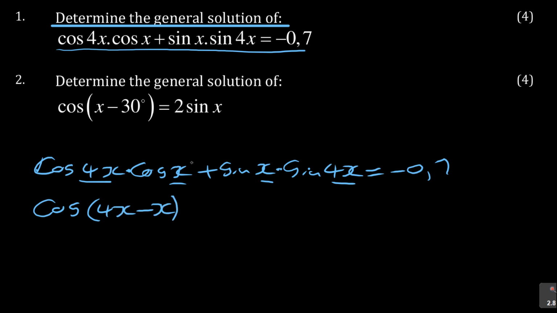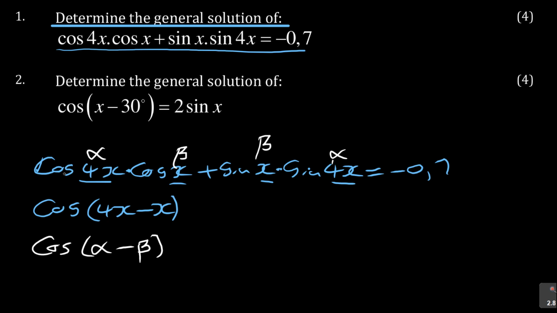But remember, in your final exam they'll give you this formula. It will be similar to cos alpha minus beta, where this becomes your alpha, this is your beta. Let me just be careful there. Remember, cos 4x is alpha, so they interchange there, and then x is beta.